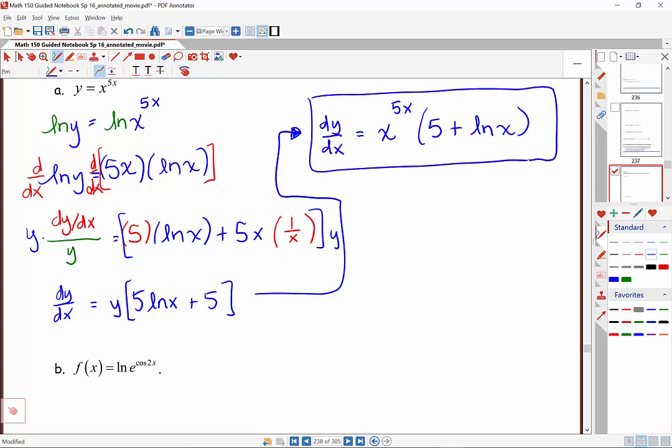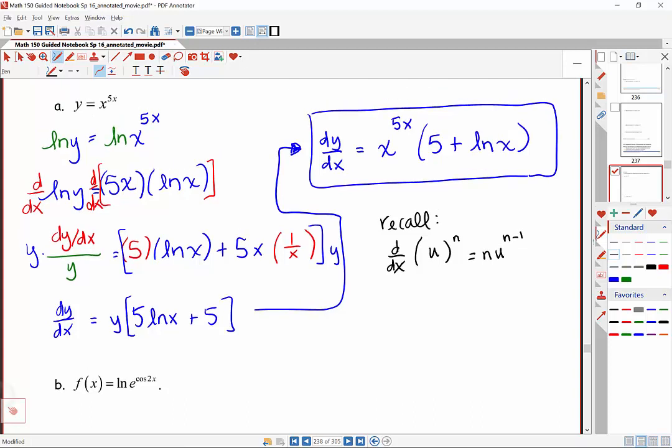Awesome. Remember the power rule, right? d/dx of some function, if u is a function of x, to the n, using the power rule on that, you would get n times u to the n minus 1 times du/dx, right?